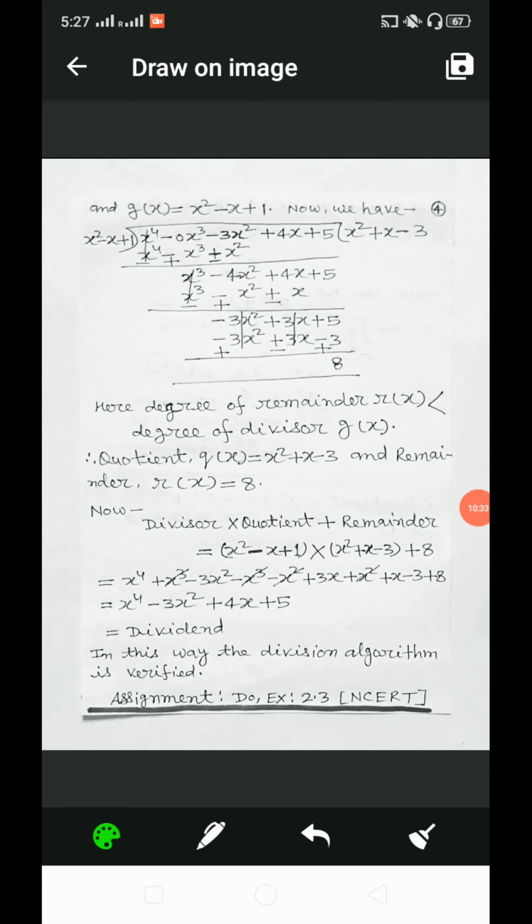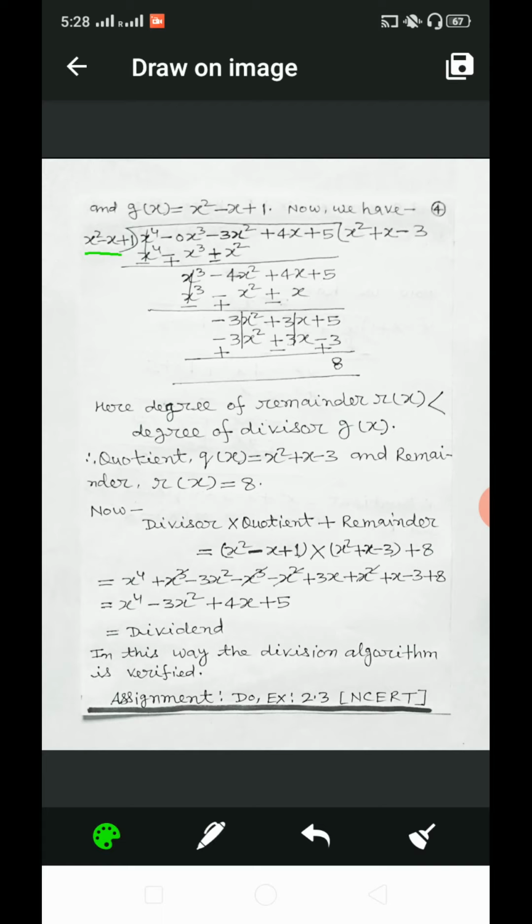And g(x) is equal to x square minus x plus 1. Now we have, on dividing p(x) by g(x), means x to power 4 plus 0 into x cube minus 3x square plus 4x plus 5 is divided by x square minus x plus 1.